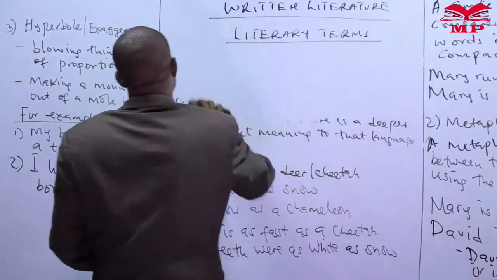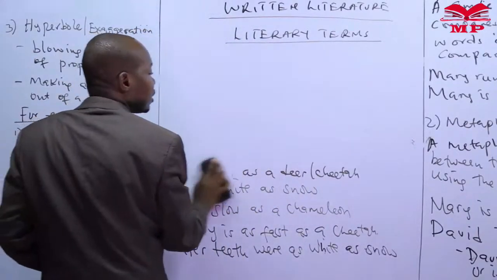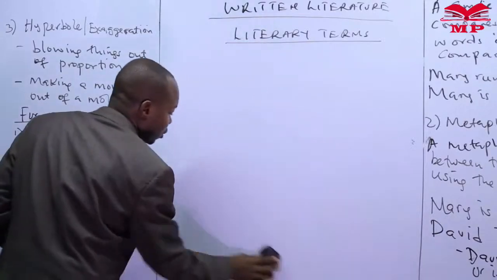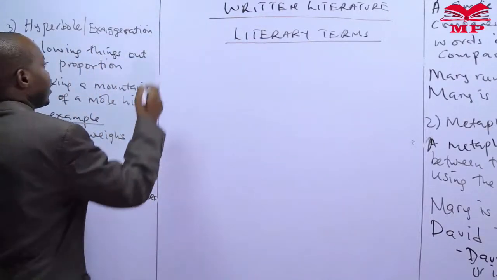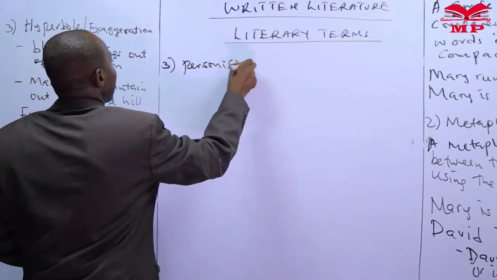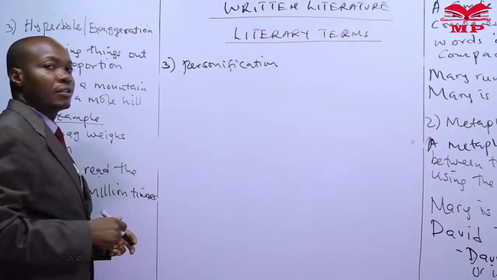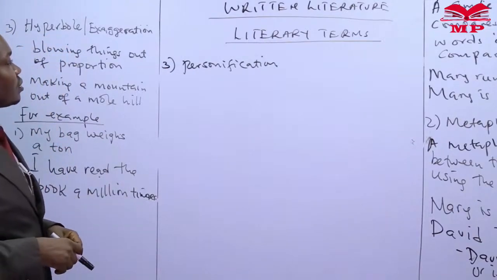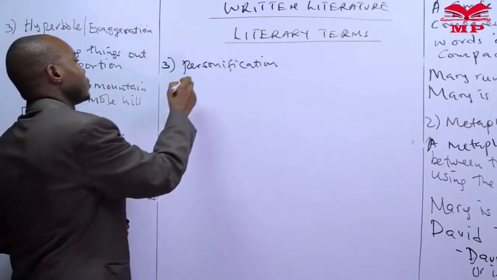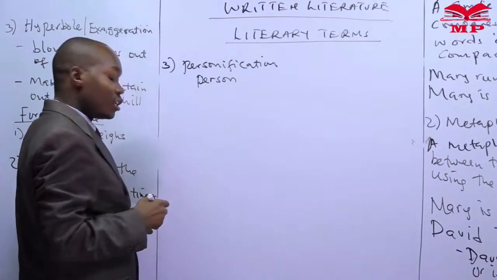A fourth figure of speech, and it's very common in poetry, is what we call personification. Now, students, this word comes from the word person. A person is a human being.